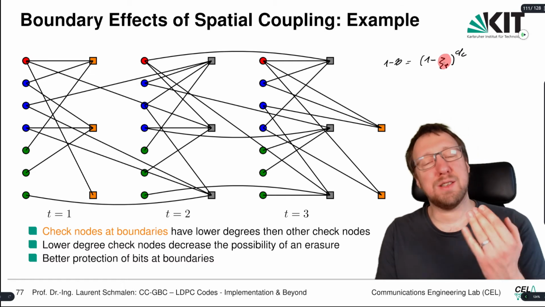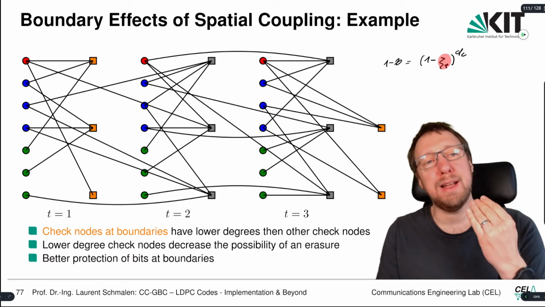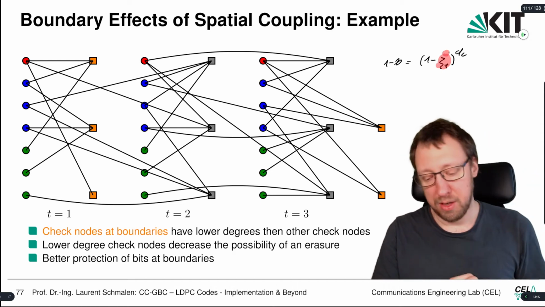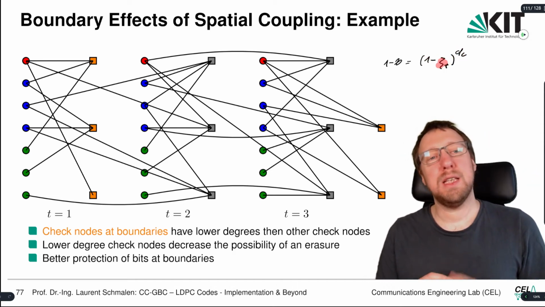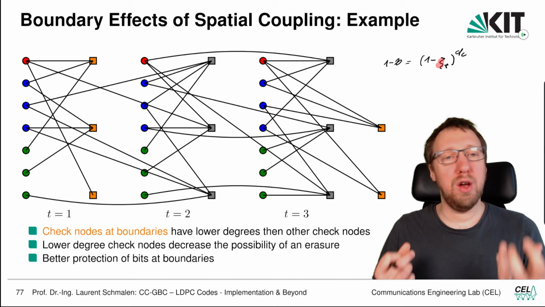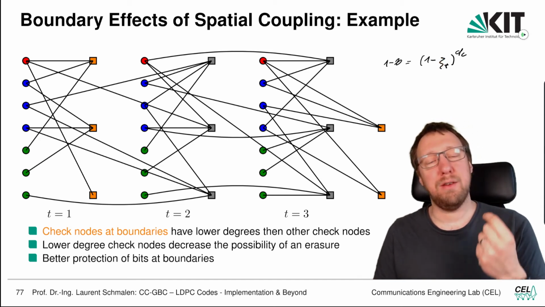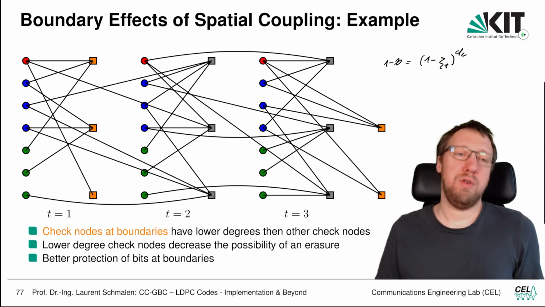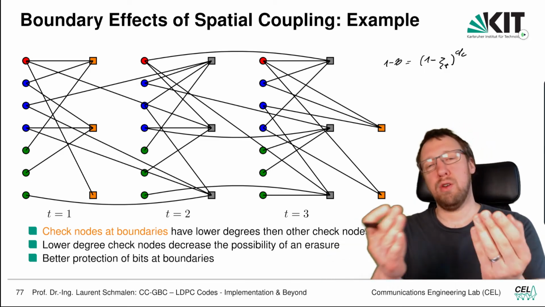So if dc is small, the probability that the check node is not erased is going to be larger because of this expression. But actually good to have check nodes of low degree because then the probability of a message being not erased is larger, meaning the probability that the message is erased is actually going to be smaller.